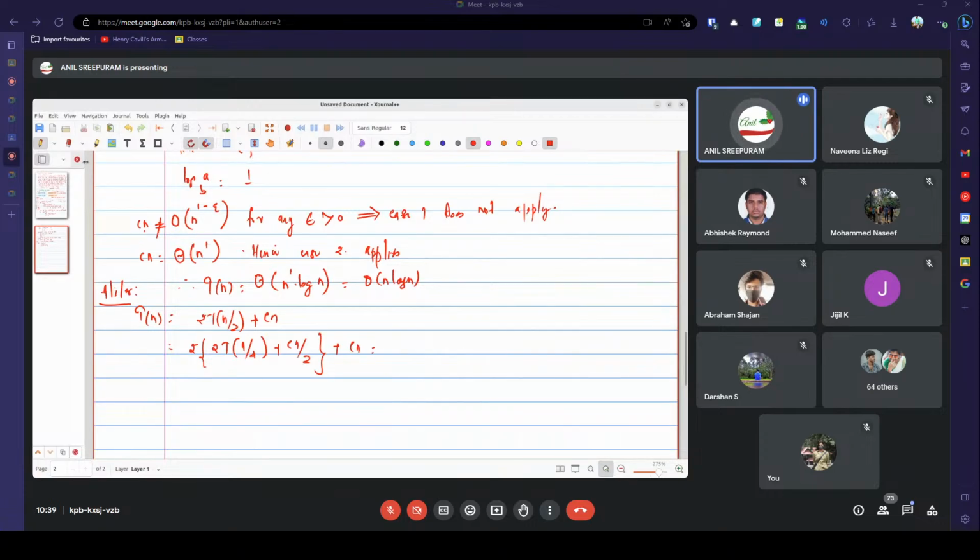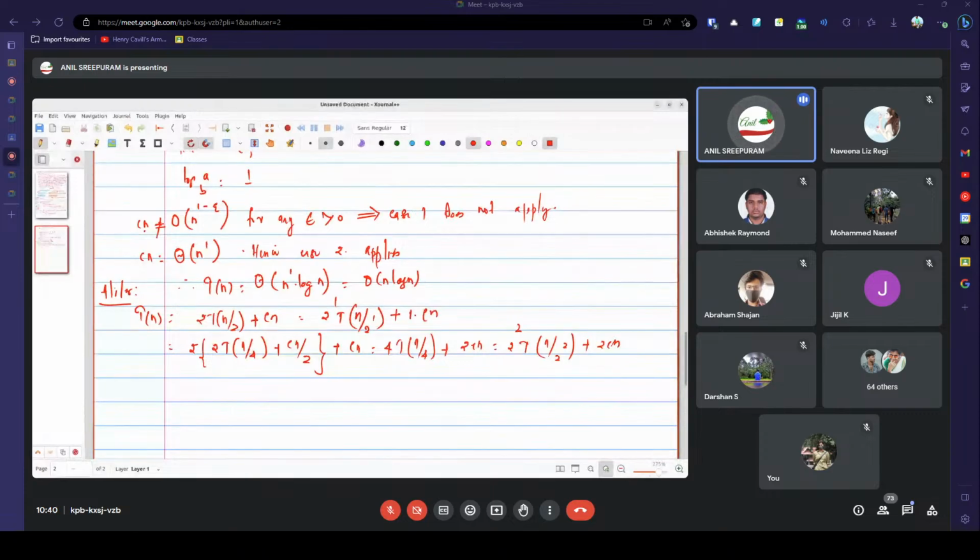That's equal to 4T(n/4) plus 2 into Cn/2. The 2 and 2 get cancelled. So Cn plus Cn, that is 2Cn. That's equal to 2 power 2 T(n/2 power 2) plus 2Cn. Now this is equal to 2 power 1 T(n/2 power 1) plus 1 into Cn.